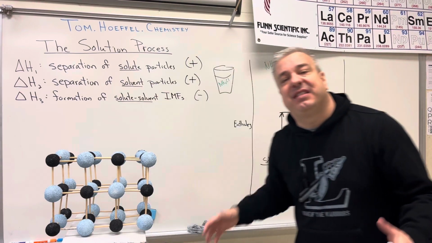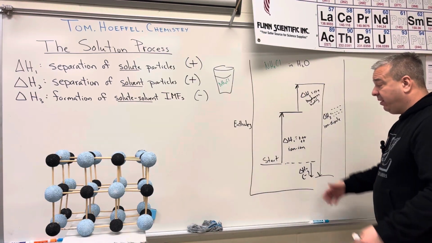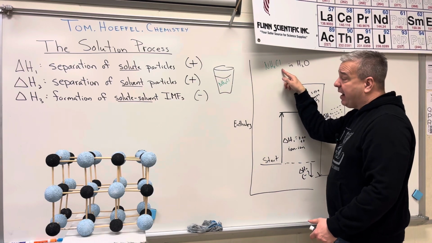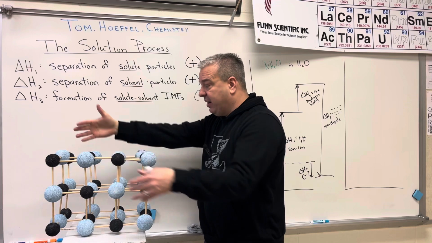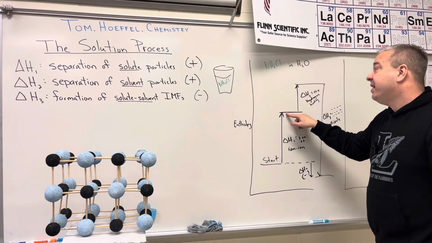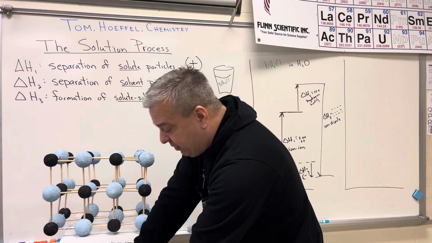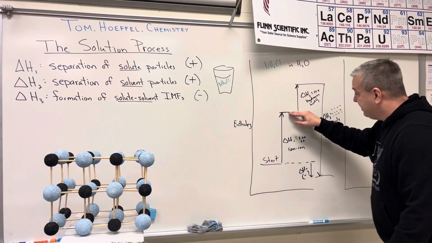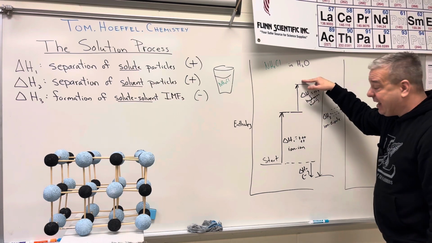Well, how does that happen? We still have the same delta H1 because ammonium chloride is ionic, so it still costs us maybe the same amount of energy to split it all up. We're still separating the water molecules, so that's costing us the same. So this piece is about the same, this piece is exactly the same.